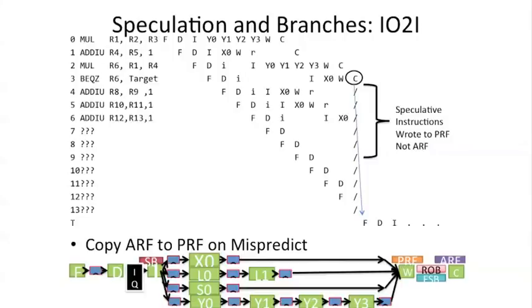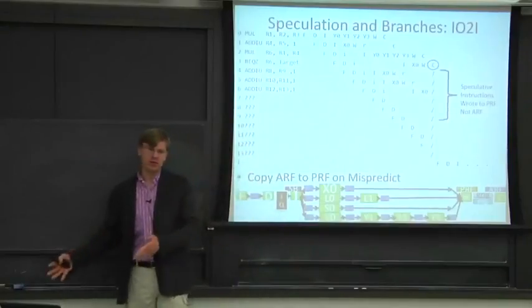So we know the architectural register file is up to date relative to the branch. These other speculative instructions may or may not have written in the physical register file. The physical register file is just completely out of date at this point. So what's nice here is we can copy the entire architectural register file to the physical register file and effectively roll back everything.